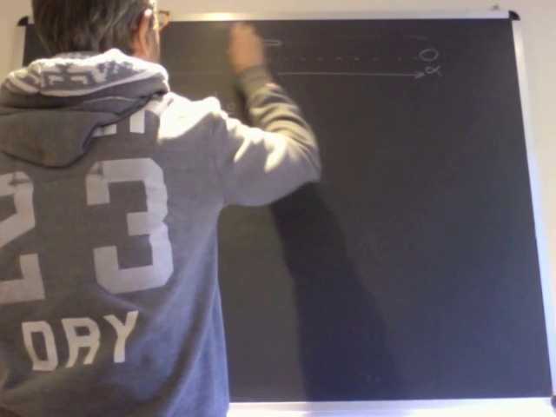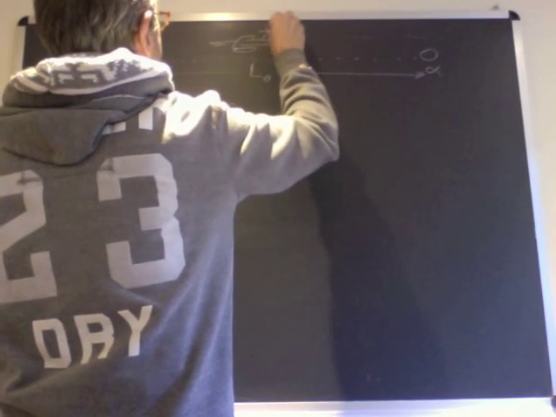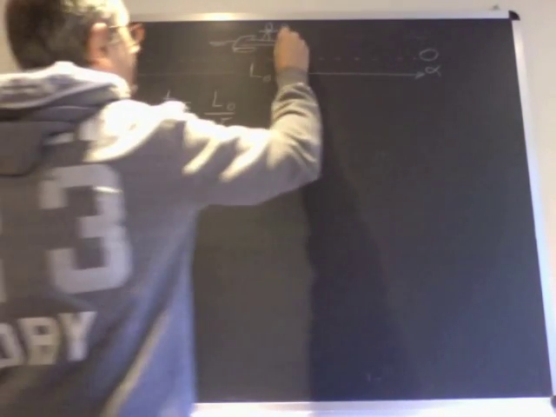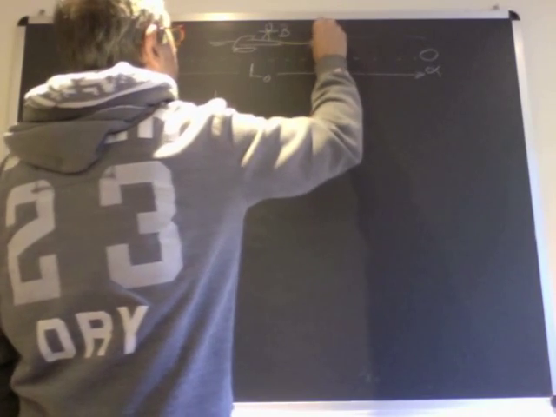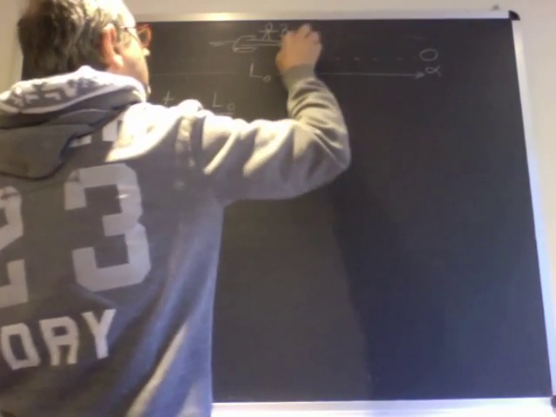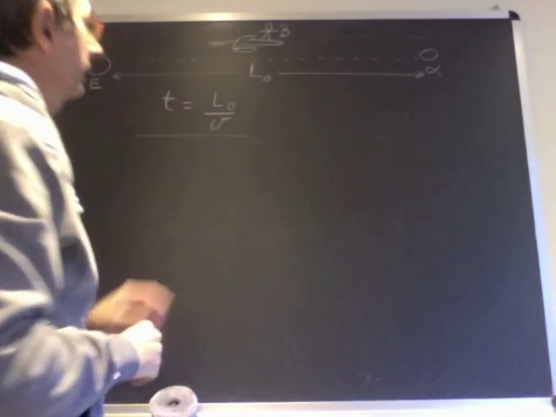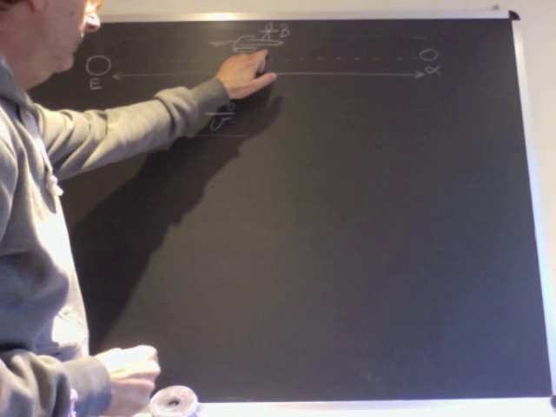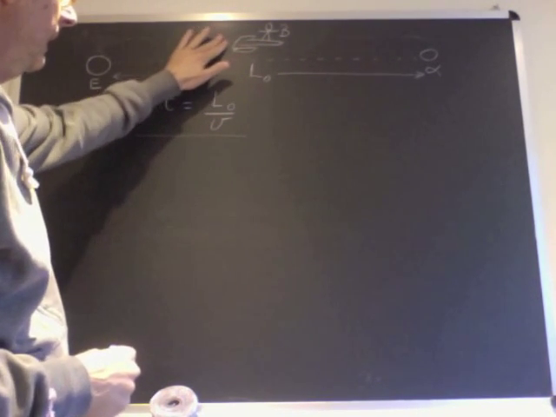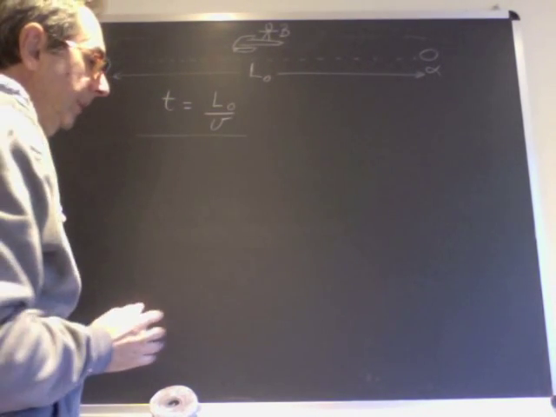Here we have Mr. B. From the point of view of Mr. B, the starship is standing still, so he is not moving.